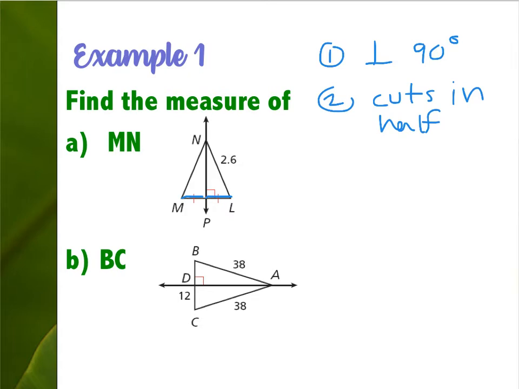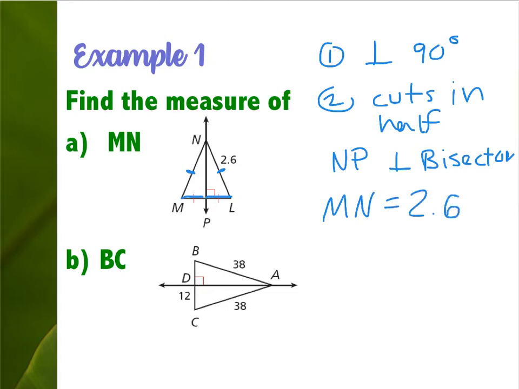So since we know that NP is our perpendicular bisector, N is equidistant from the endpoints M and L. So if NL is 2.6, then what is MN? 2.6. Perfect.